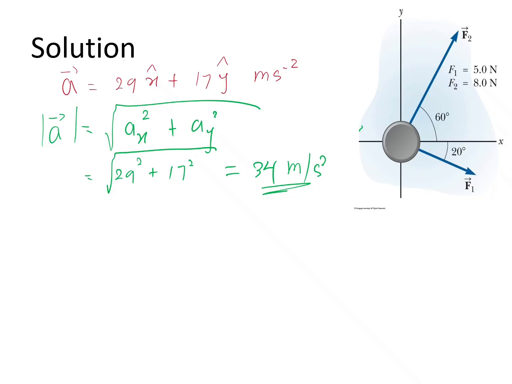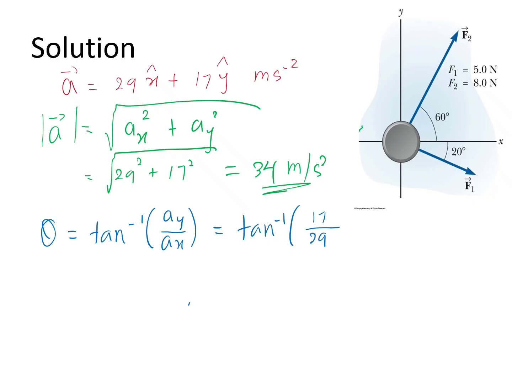To find the angle, we can use theta equals tan inverse of the y component of the acceleration divided by the x component, which is tan inverse of 17 divided by 29, which is equal to 31 degrees. So the acceleration is 34 meters per second squared at an angle of 31 degrees above the positive x-axis.